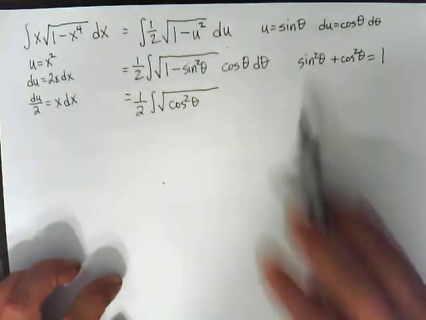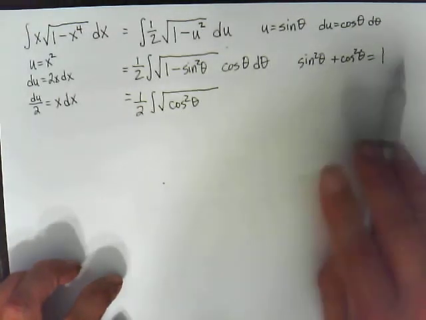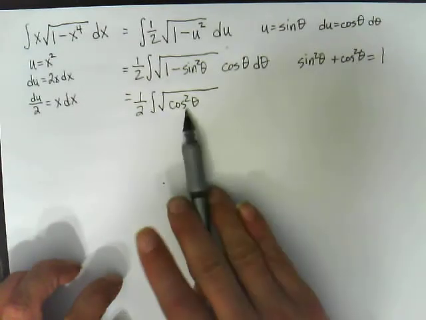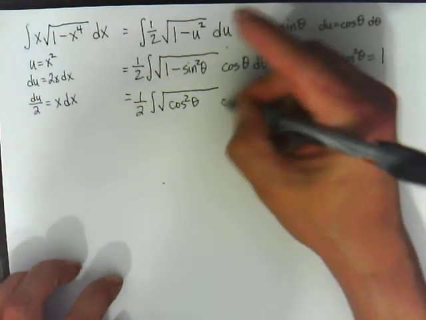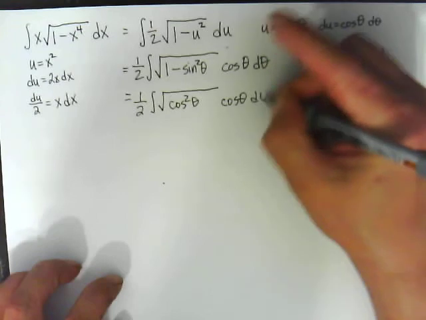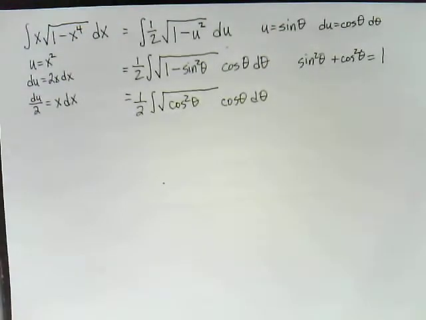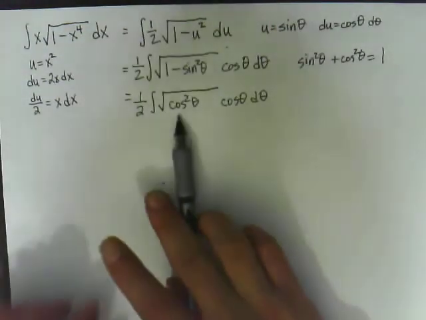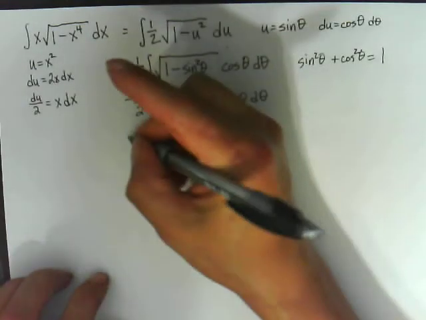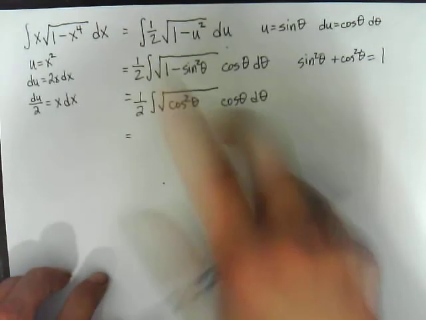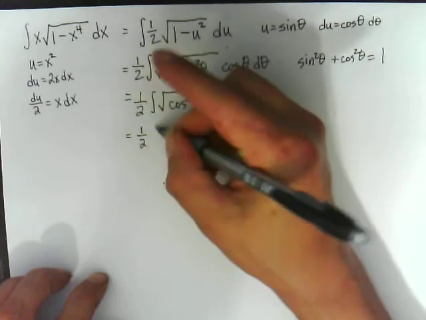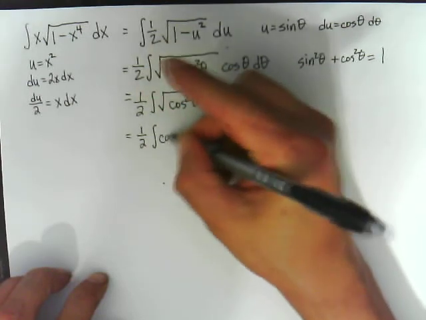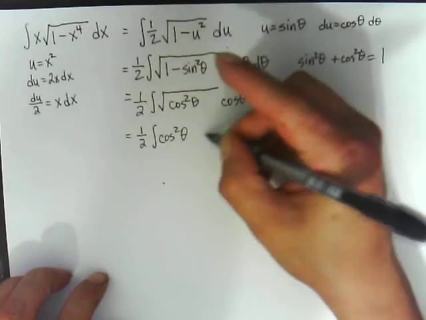So if I solve for sine squared, 1 minus sine squared theta gives me cosine squared theta. And I still have this cosine theta d theta on the outside. The square root of cosine squared is cosine, so cosine times cosine makes this 1 half times the integral of cosine squared theta d theta.